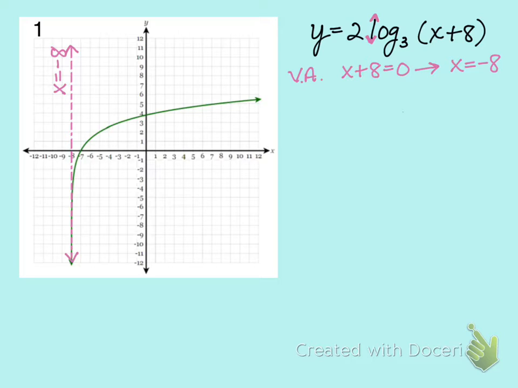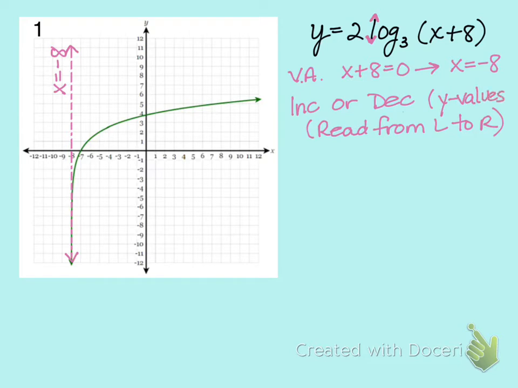Then we are asked to determine whether our graph is increasing or decreasing. Whenever you determine increase or decrease for our graphs, you need to always make sure that you read your graphs from left to right and analyze what is going on with the y values. You are focusing on the y values. Are the y values going up or going down?